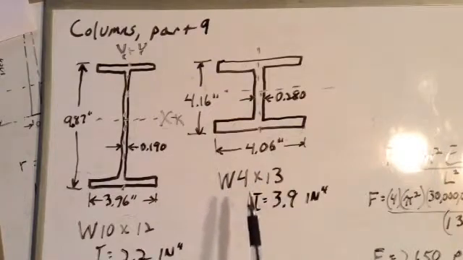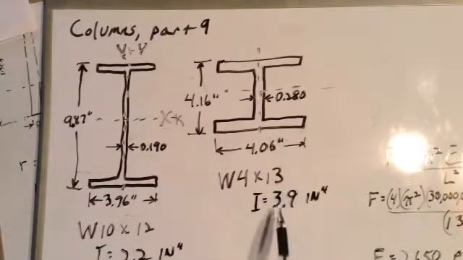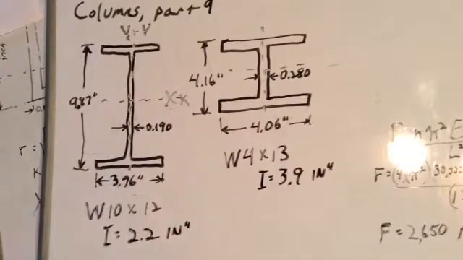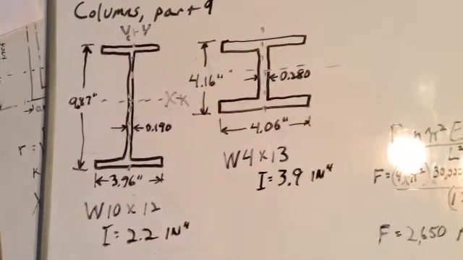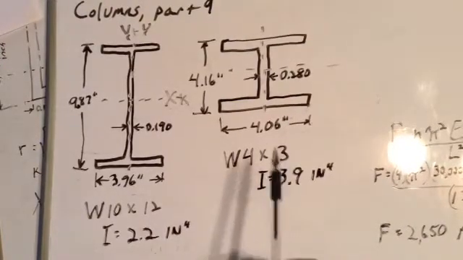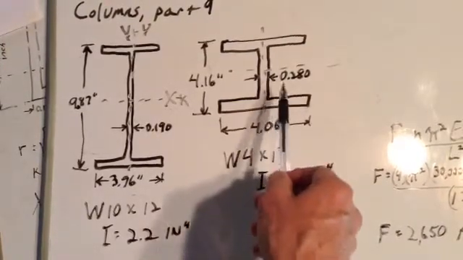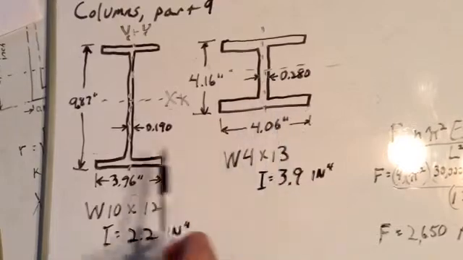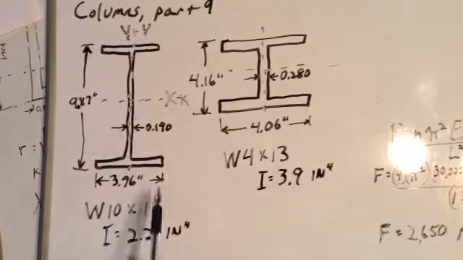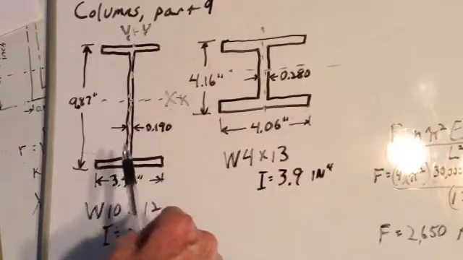It's 3.9 inches to the fourth for this beam, and 2.2 inches to the 4th for this beam. The radius of gyration is 1 inch for the W4 by 13, compared to 0.785 inches for the W10 by 12.